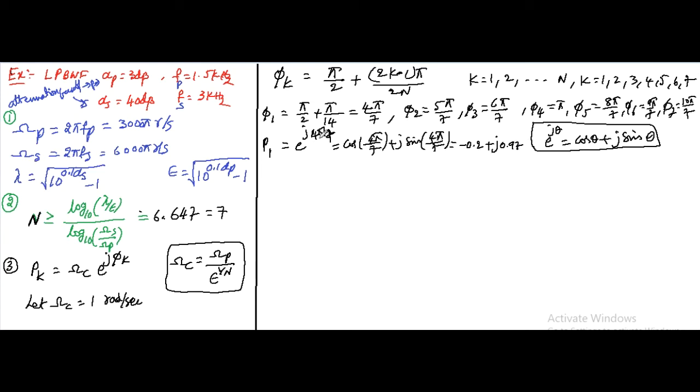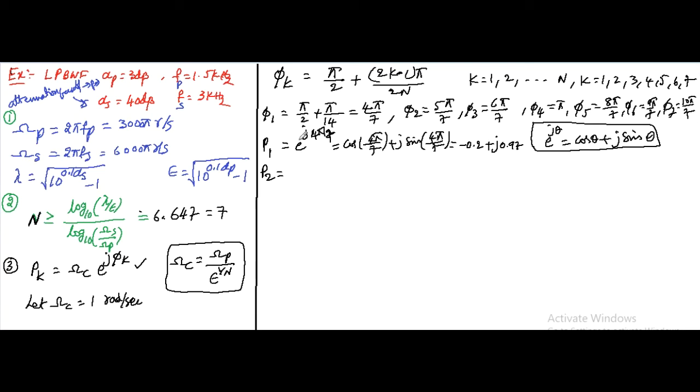So if the angle is 4 pi by 7, then the resultant value is this value. Similarly, you have to calculate the remaining poles P2, P3, P4, P5, P6 and P7. Just substitute each angle in this equation, then you will get the pole values.